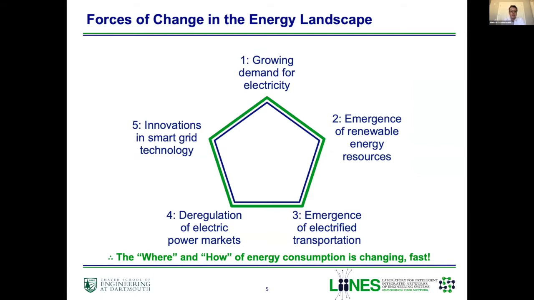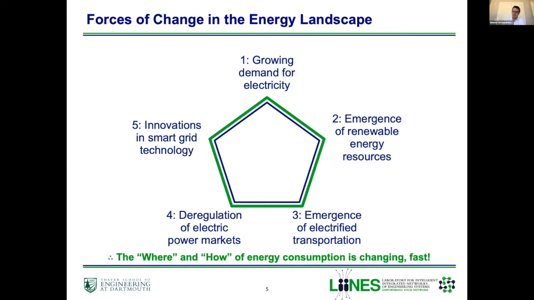We have emergence of electric transportation and all of the new dynamics that are introduced to the grid as a result, for example, vehicle to grid. The 4th trend is deregulation of the power market, which drives a revision of the energy value chain. And finally, there are innovations in smart grid technology that really activate the edge of the grid. And so the where and how of energy consumption is changing fast.